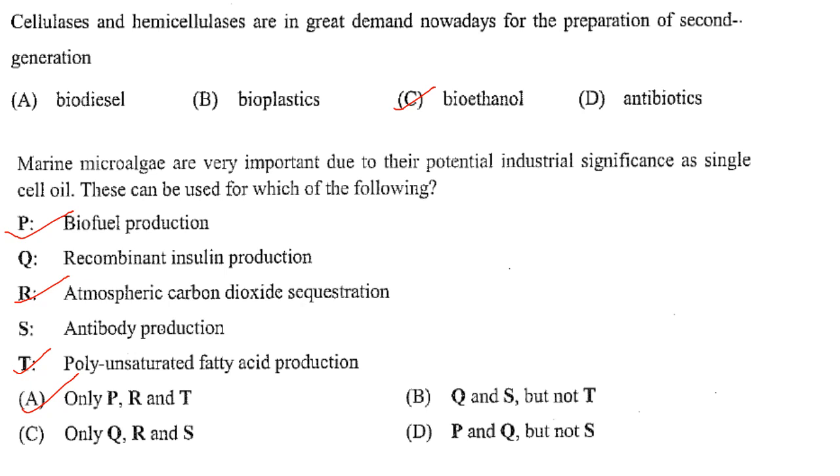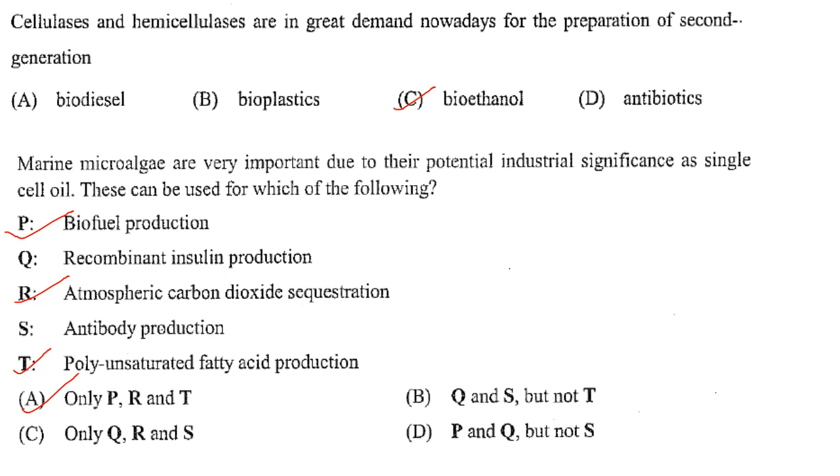Then next one. Marine algae are very important due to their potential industrial significance as single cell oil. These can be used for which of the following? Biofuel production, recombinant insulin production, atmospheric carbon dioxide sequestration, antibody production, polyunsaturated fatty acid production.